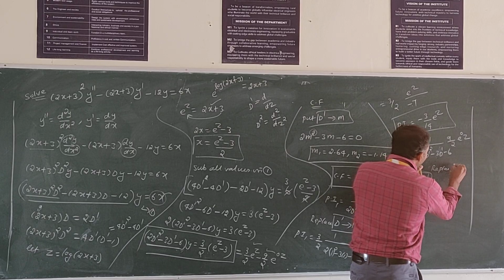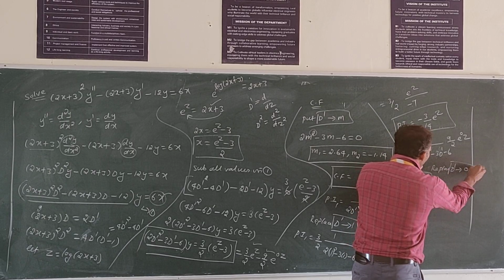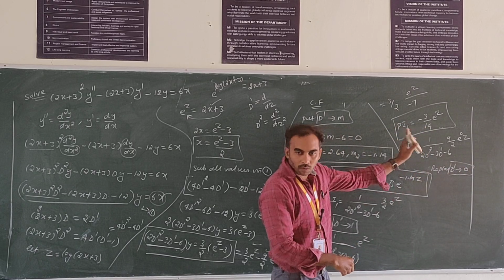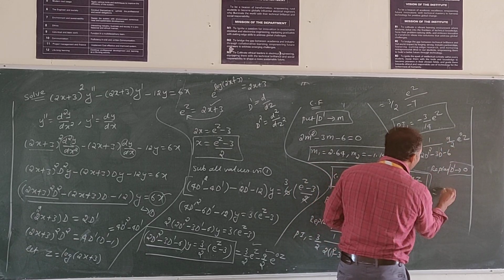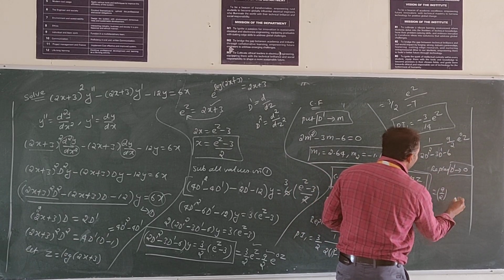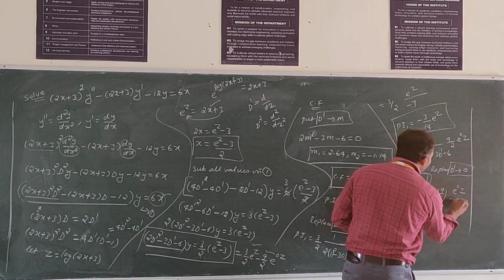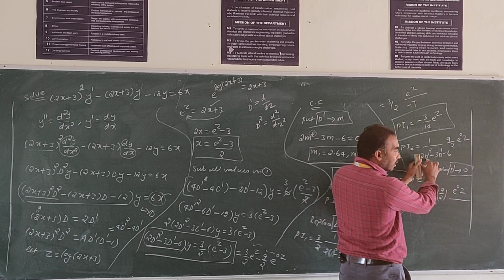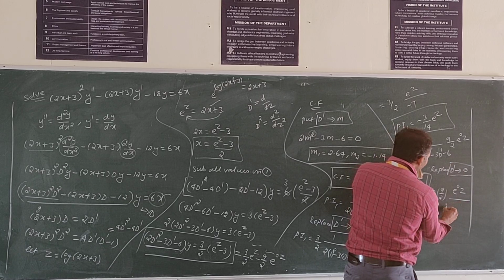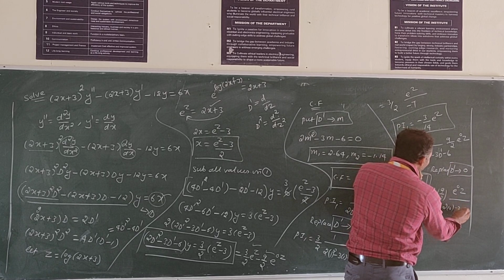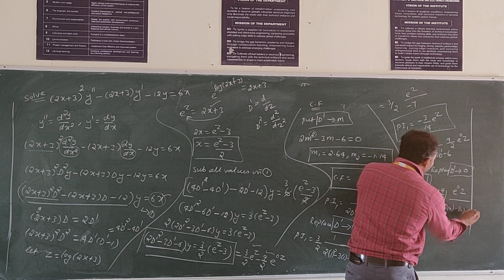Replace D dash by 0. So bring 9 by 2 to the right side, e power 0 z divided by, instead of D dash we have to put 0. So what about the remaining value? 2 into 0 minus 3 into 0 minus 6.